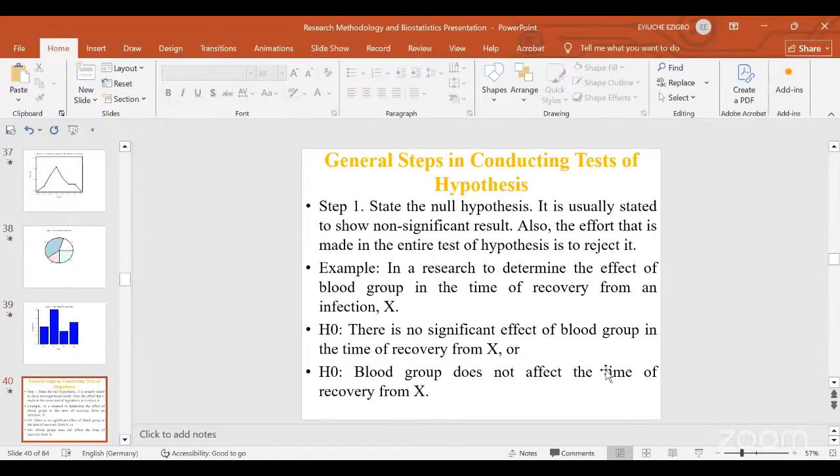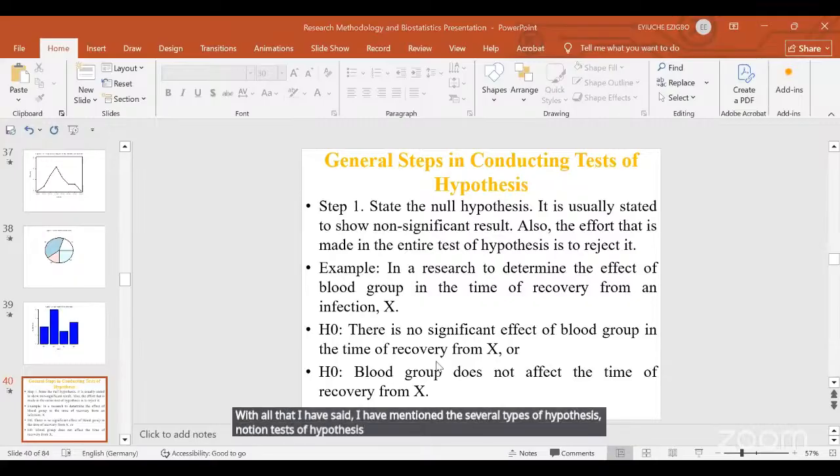So, with all that I have said, I have mentioned the several tests of hypothesis. I mentioned tests of hypothesis involving one proportion, tests of hypothesis involving difference of two proportions, tests of hypothesis involving several proportions. I mentioned the three of them.